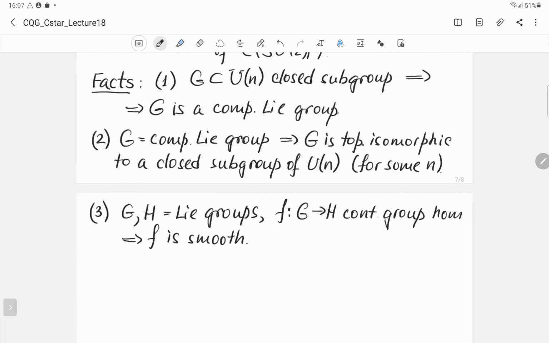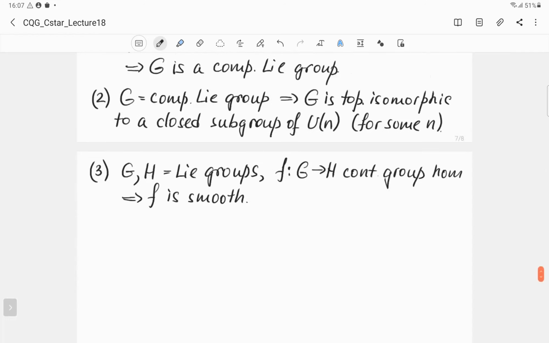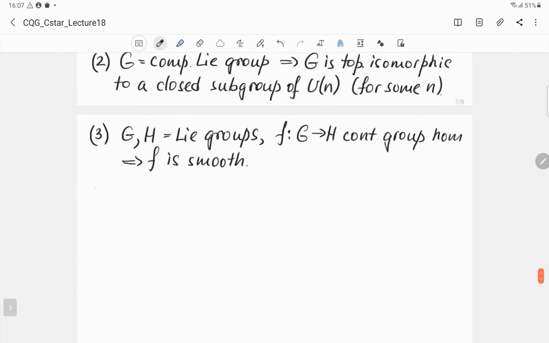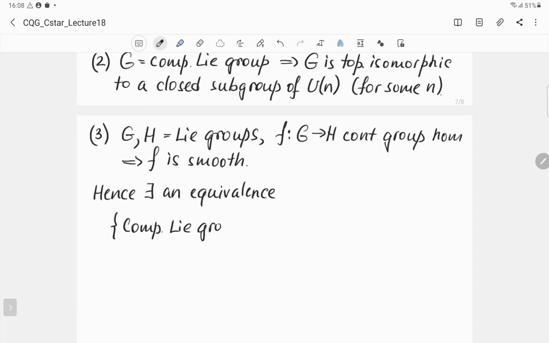Okay, if we now combine these facts with our previous result, we see that there is an equivalence of categories. The dual of the category of compact Lie groups is equivalent to the category of commutative compact matrix quantum groups.